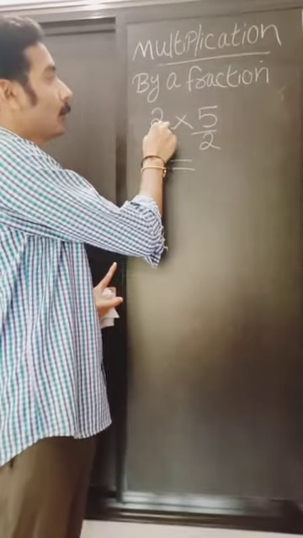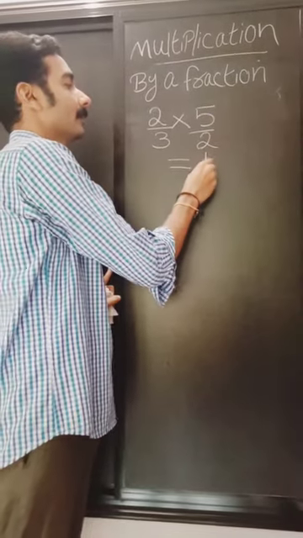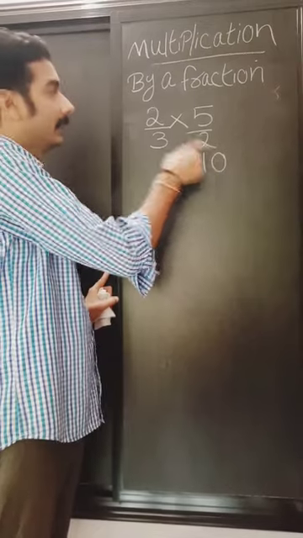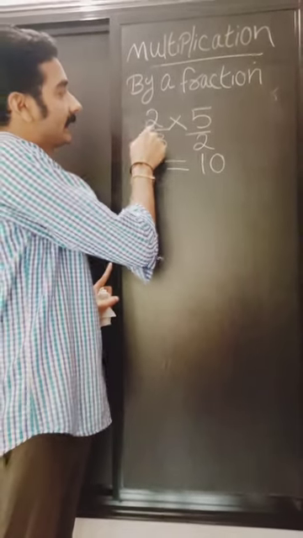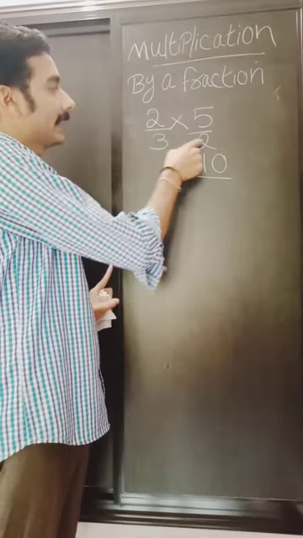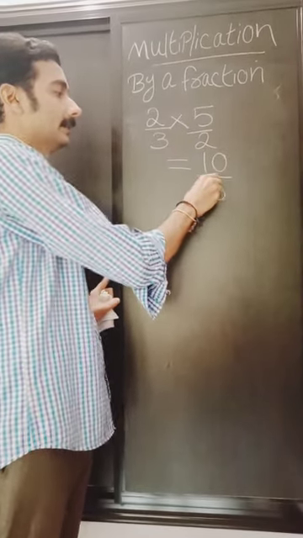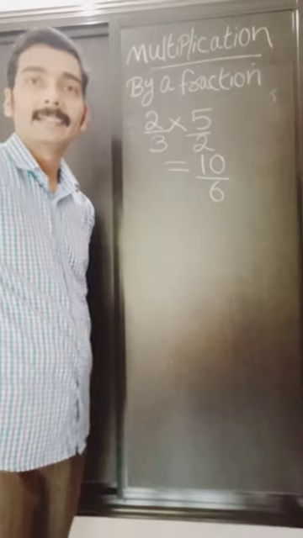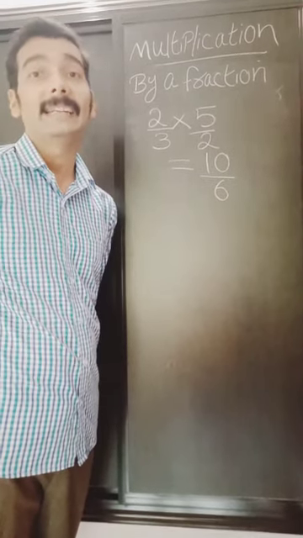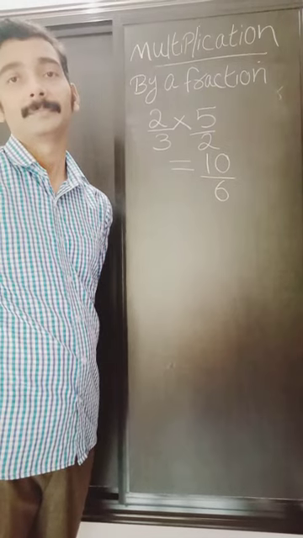That is 2 into 5, 10. Operation is division. Divided 3 into 2, 6. The result is 10 upon 6 or 10 divided 6. Clear?